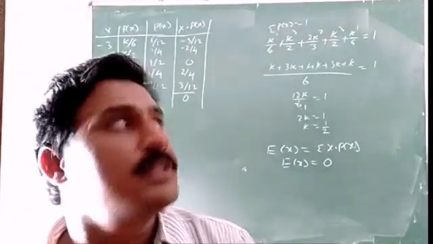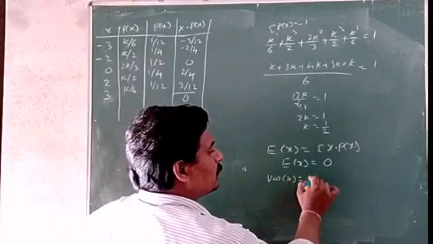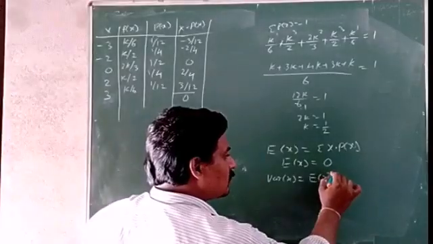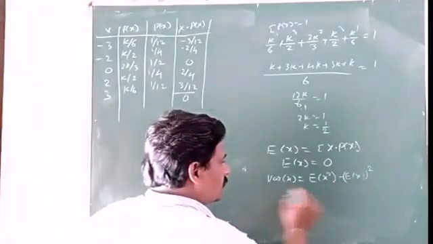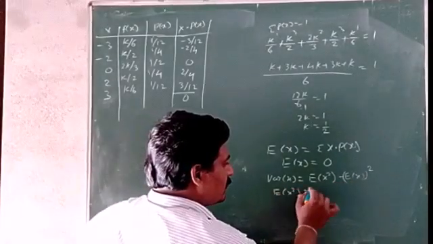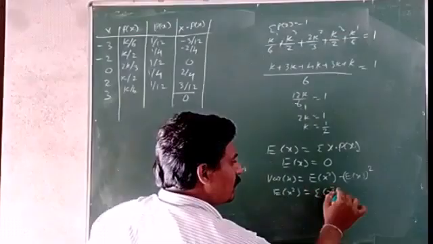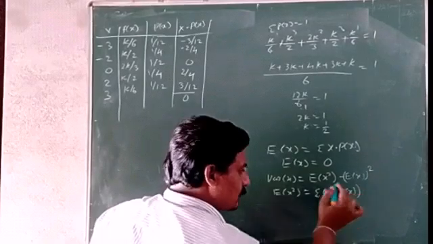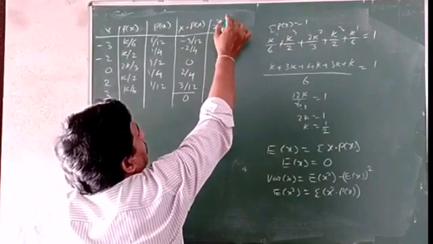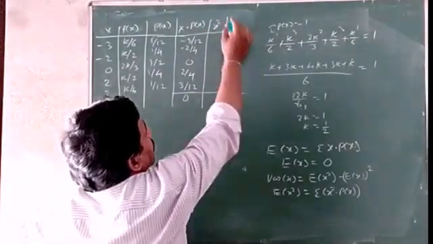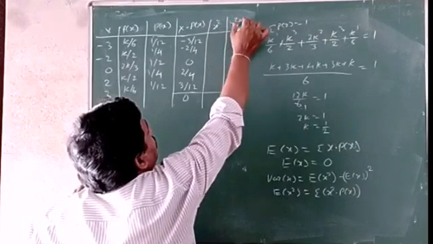Variance of x. So variance of x is equal to e of x square minus e of x whole square. So e of x square is equal to summation of x square into p of x. So x square column first, then p of x, then x square into p of x.